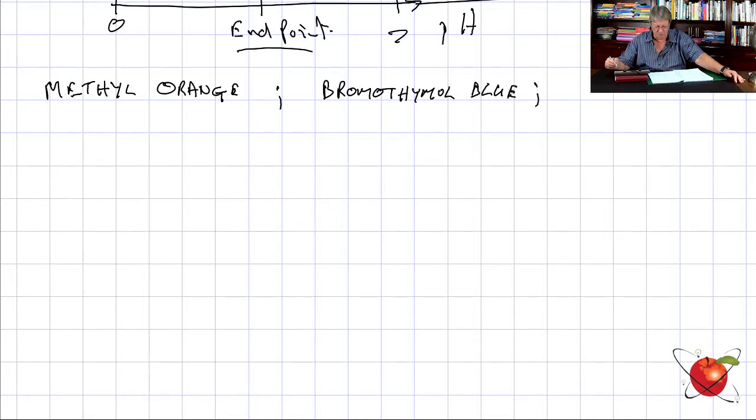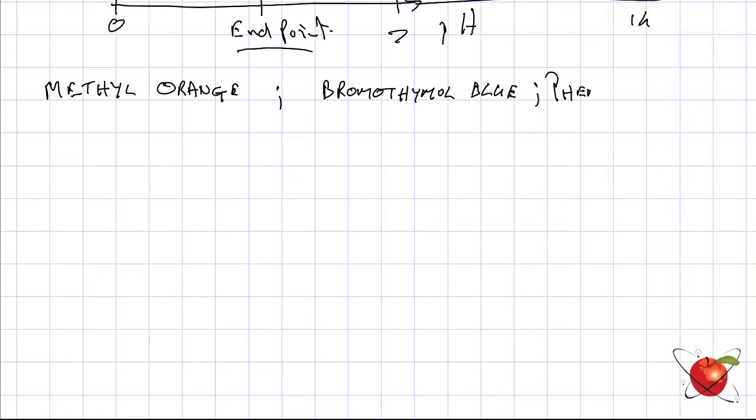And the last one is the one nobody can spell, let alone say, phenolphthalein. Phenol, P-H-E-N-O-L. Phthalein is terrible, P-H-T-H-A-L-E-I-N. Phenolphthalein. I'm sure that you won't be marked down for the English.